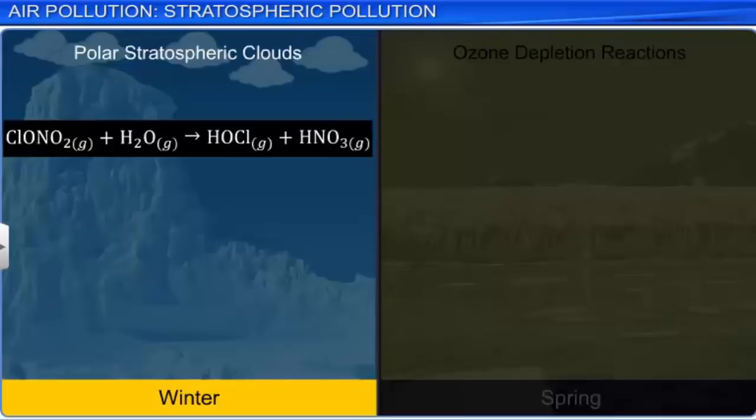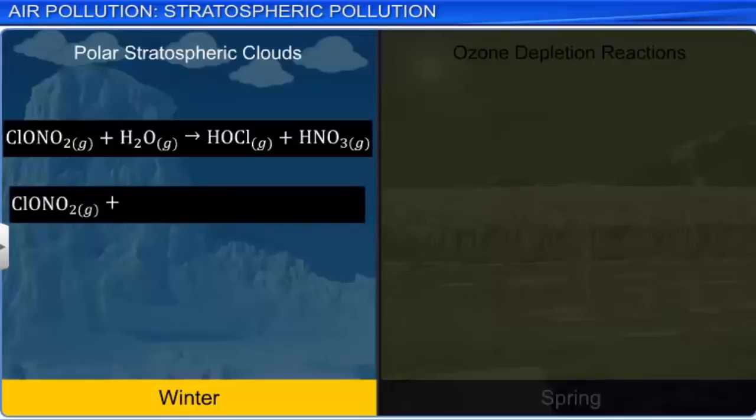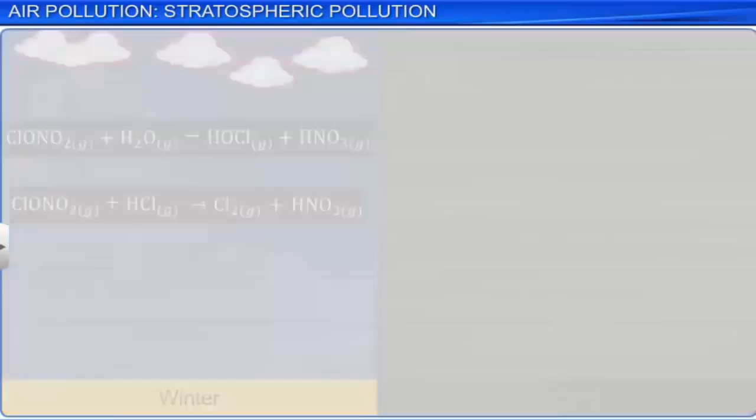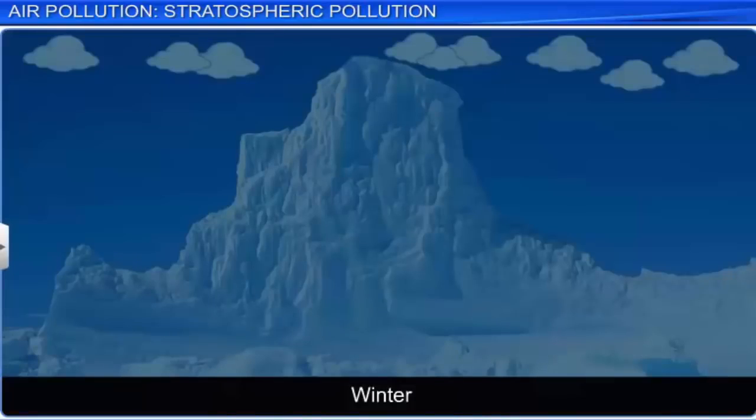Also, chlorine nitrate reacts with hydrogen chloride to form chlorine molecules. And the chlorine-containing gases, along with nitric acid, form cloud particulates. Due to the lack of sunlight, these clouds remain chemically stable for almost 3 months without causing any harm to the ozone layer.